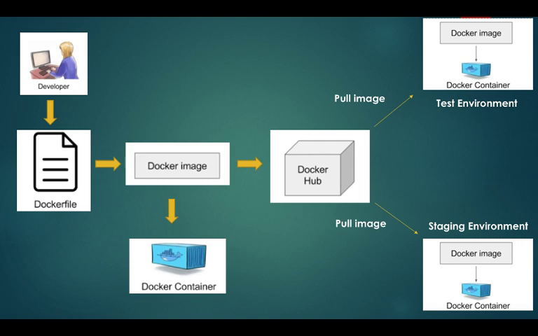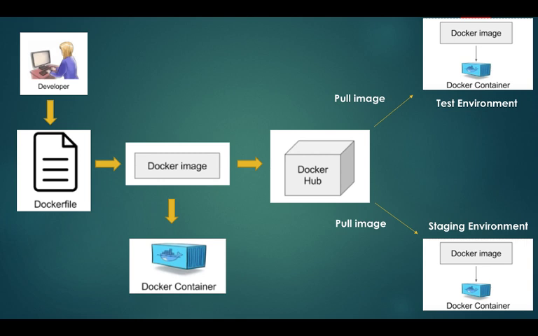When you open Docker Hub, you can see various publicly available images of various software and applications. From Docker Hub, you can pull these images onto any environment you want, basically onto your system or desktop, whether it be a test environment or staging environment, and you will see that your application or software runs just the same as it did in your development environment.